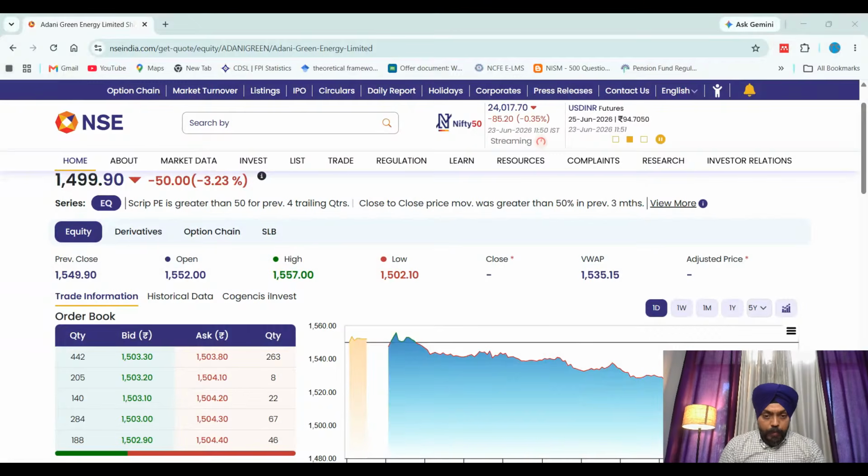For Adani Power, support 1 is 221 and resistance 1 is 232. For Adani Green, support 1 is 1530 and resistance is 1560.